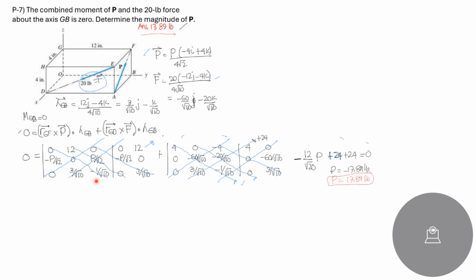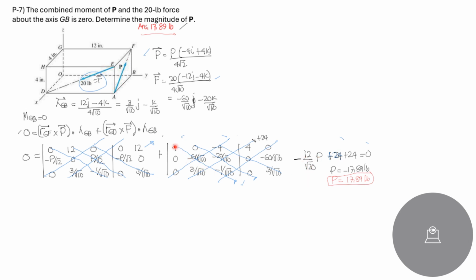This is negative 1 over square root of 10 times negative P over square root of 2 times 12. So that's negative because that's negative direction. Negative 12 P over square root of 20.